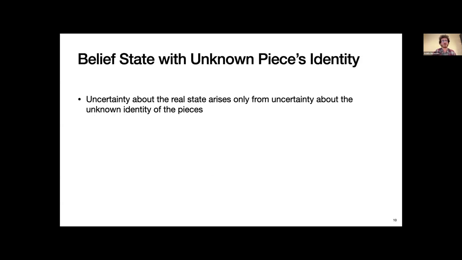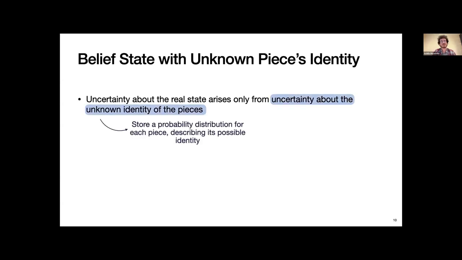And so now that we know that the uncertainty about the real state only arises because of the uncertainty about the identity of the pieces, we can simply store in the belief state a probability distribution for each piece describing its possible identity.